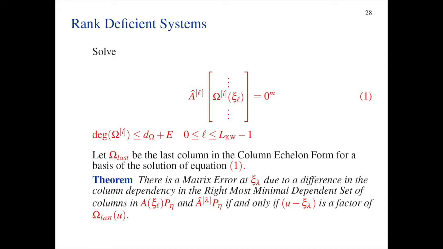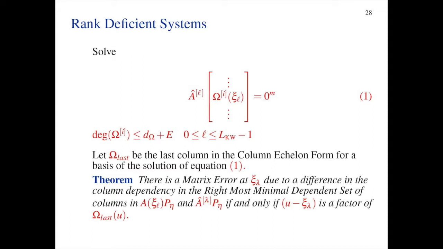Yes, so you look at the last column of the column echelon form, and you compute the common factors of the last column. That makes it a little confusing. Remember, I recover the coefficients, so I'm going between two spaces.